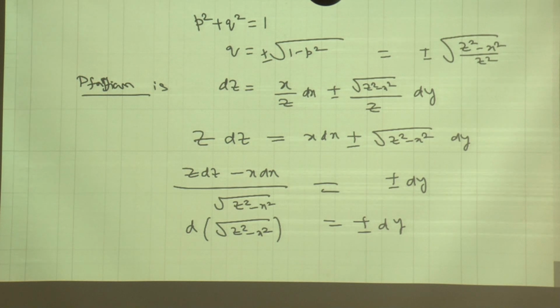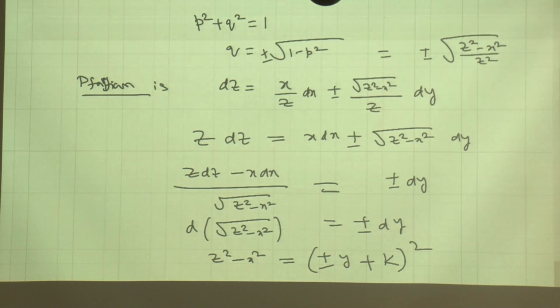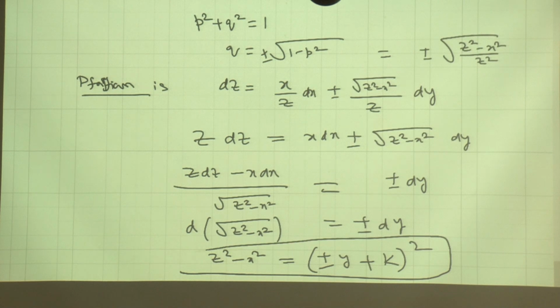Therefore, solution is: square root of z square minus x square is equal to plus or minus y plus a constant. First I get this, and then remove the square root, you get the square. So you have got the answer. One parameter family of common solutions are there.